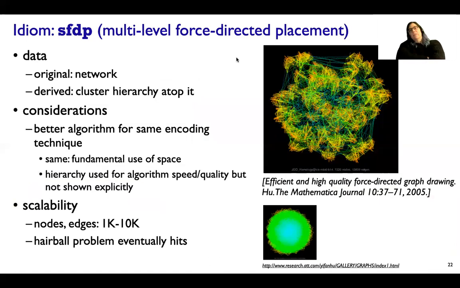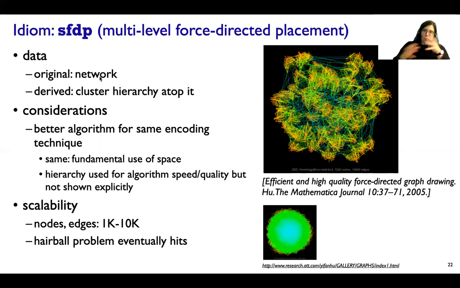So here's an interesting algorithmic thing to do, which is to take the same visual idiom of force-directed placement, but try to have a more scalable algorithm to instantiate that idiom. What we're going to do is take our original network and derive a cluster hierarchy.